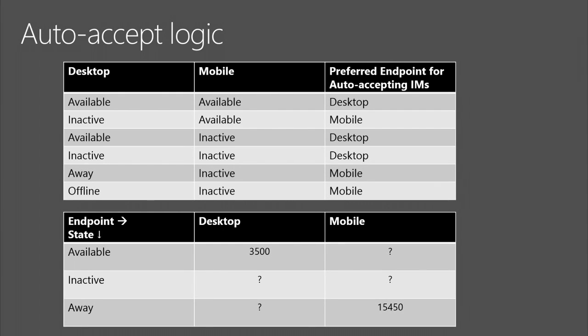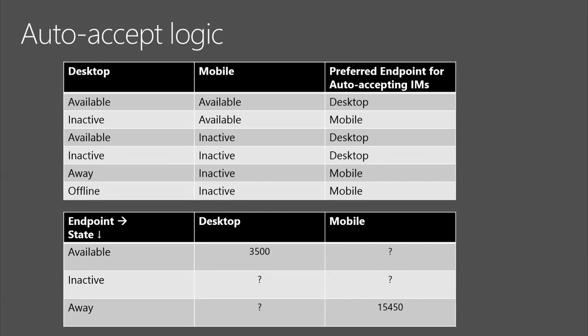I leave it up to you guys to research and quickly find out the values for mobile when it's available, and if you want to write a blog, or we can take it offline. I know the values, but I'll leave it up to you guys to do the debugging, and if you want to blog about it, blog about it. But this is the logic we have for auto accept for multiple point of presence.